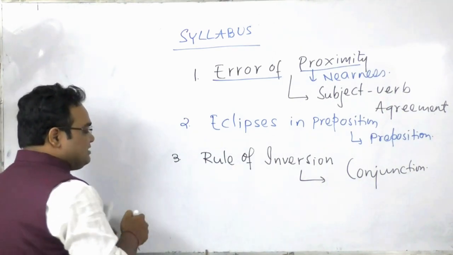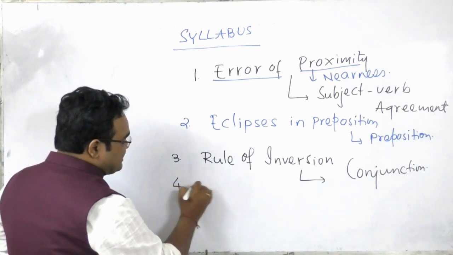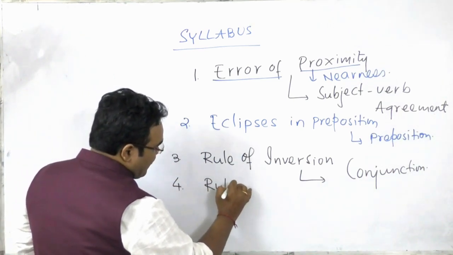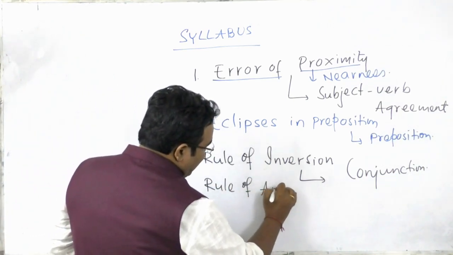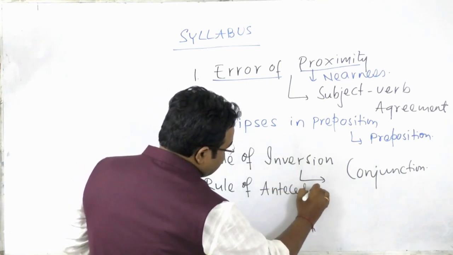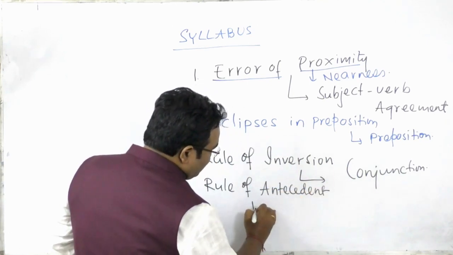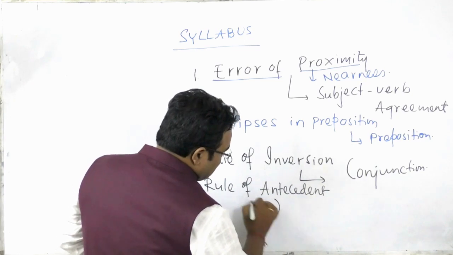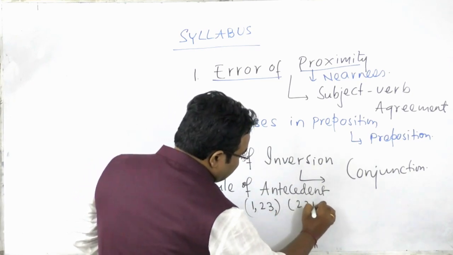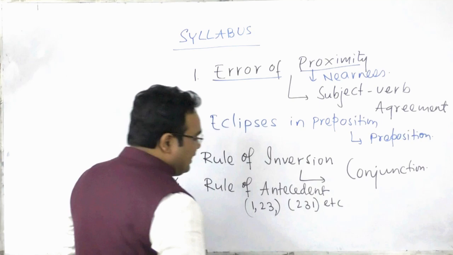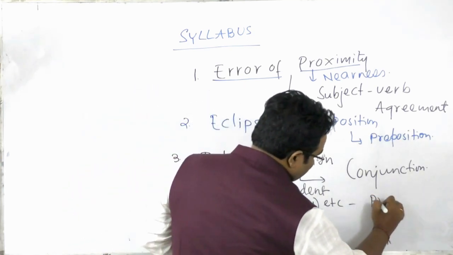Next comes the rule of antecedent, rule of 1, 2, 3, 2, 3, 1, etc., under the topic pronoun.